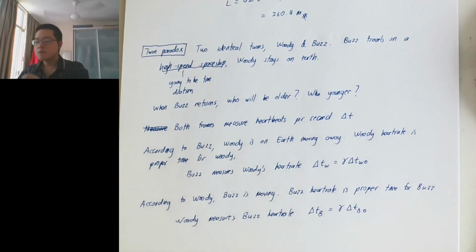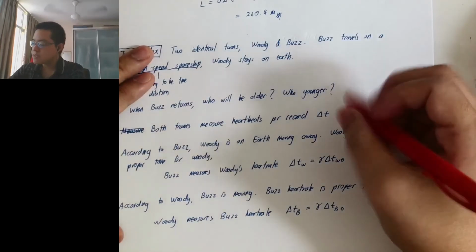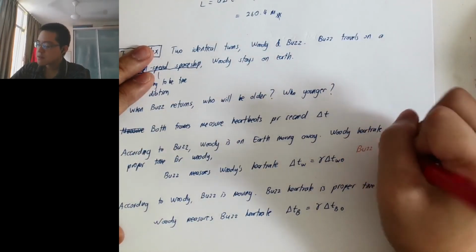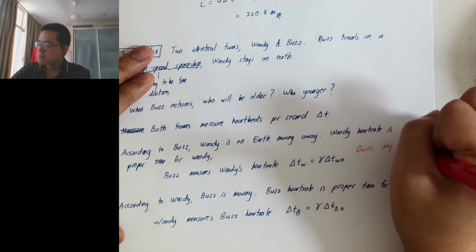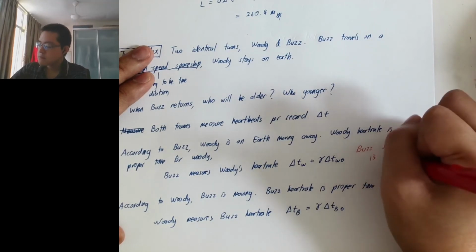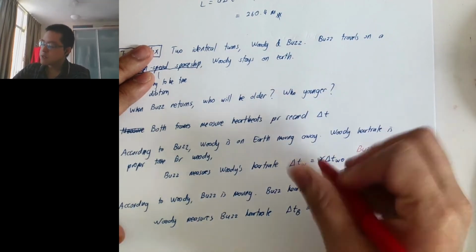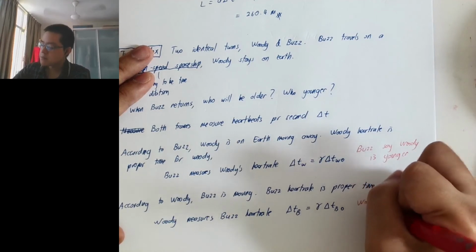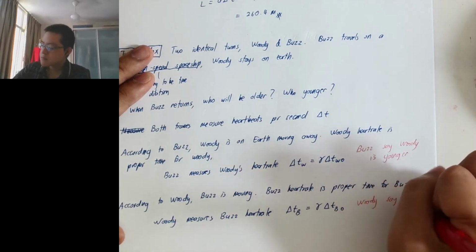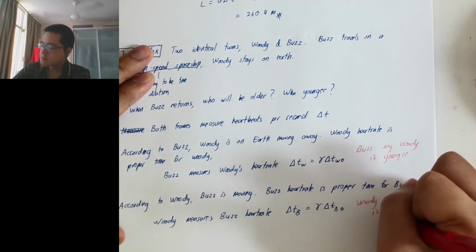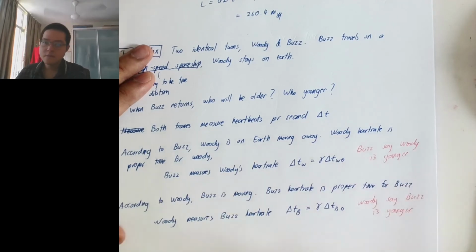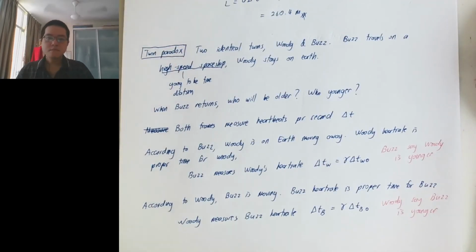Okay, so what does this say? Buzz says Woody is younger, but Woody says Buzz is younger. So that is the paradox, right?